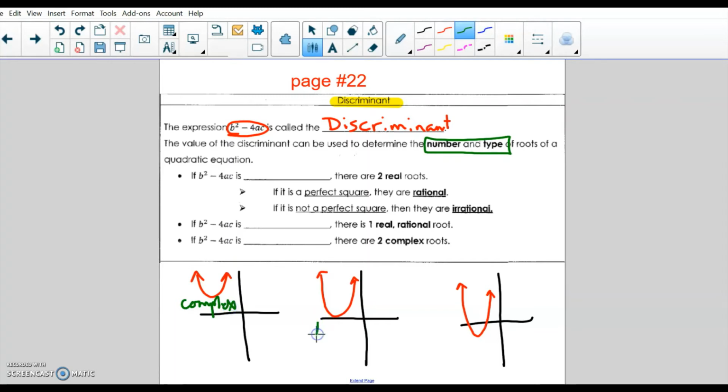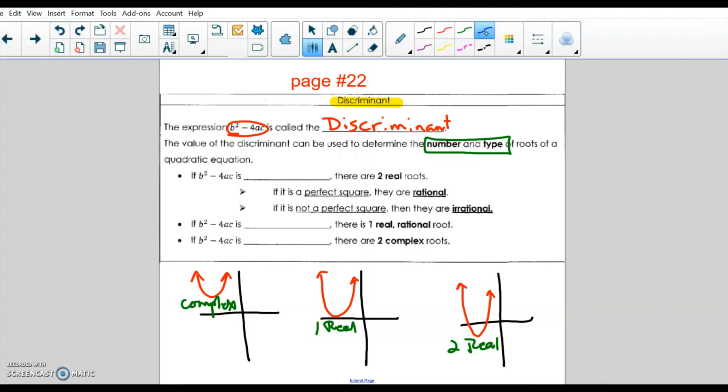This is 1 real, and this is 2 real. Okay? So that's what the discriminant is going to tell us. So there's 3 different options, right? So you have 3 different options for types of answers and number of answers. Okay? So we look at the value of the discriminant.